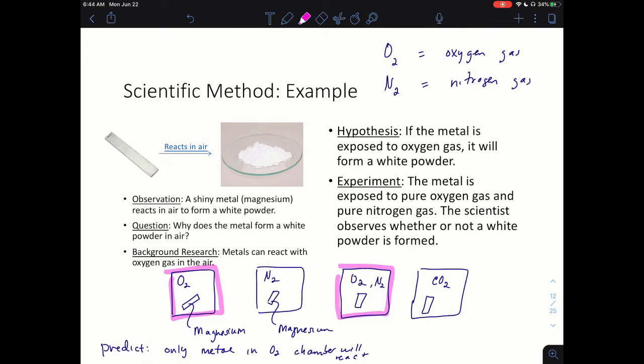So I could conduct this experiment and then think about how the results support or do not support my hypothesis. If it's consistent with my prediction, which is that the metal only reacts in these two chambers, then it supports my hypothesis. If it's not consistent, then I would need to consider whether I need a different explanation for my observation or if there's a flaw in my experimental design.